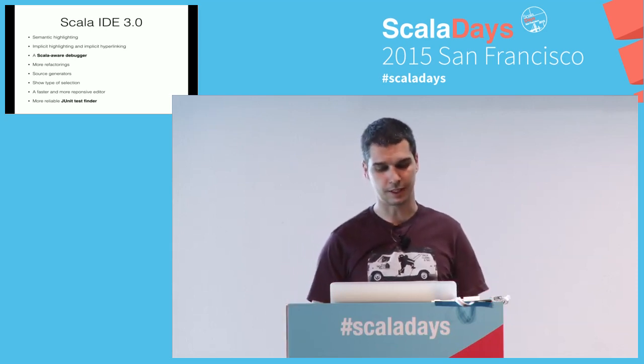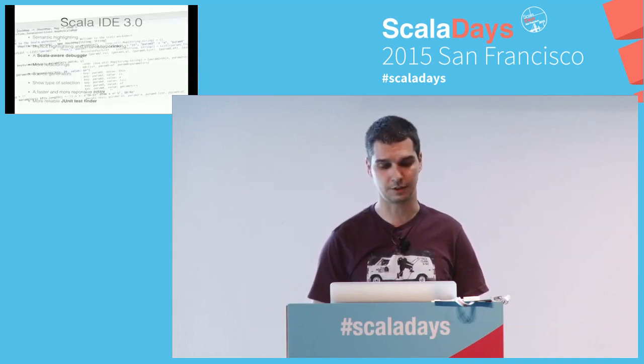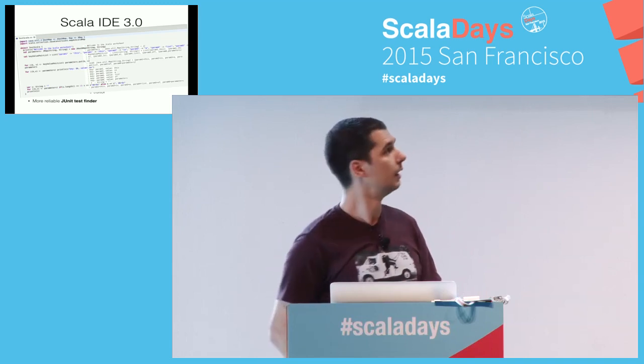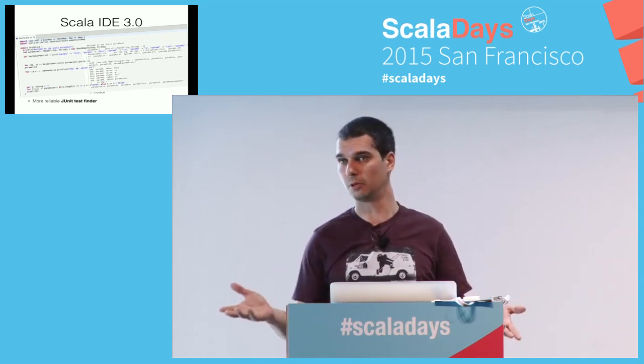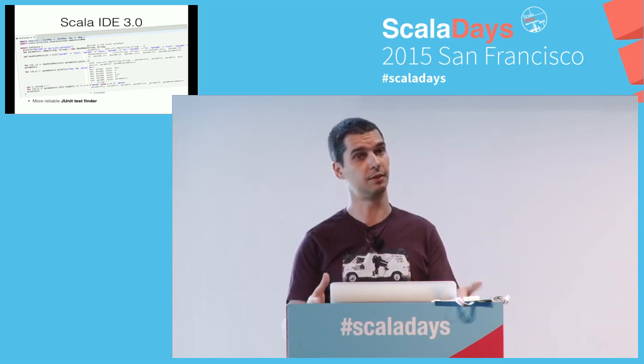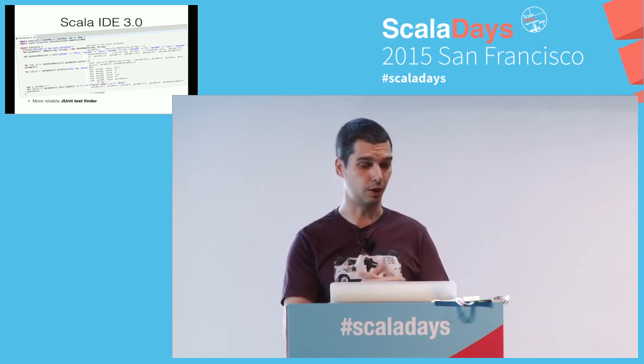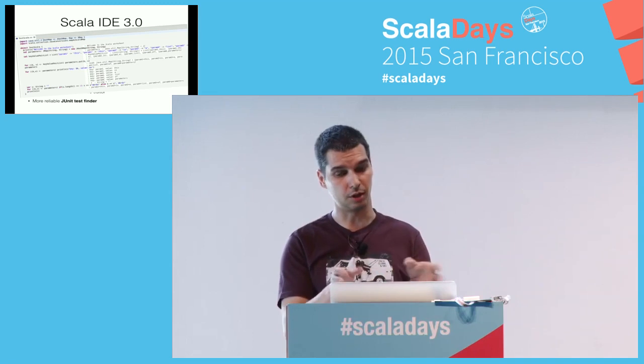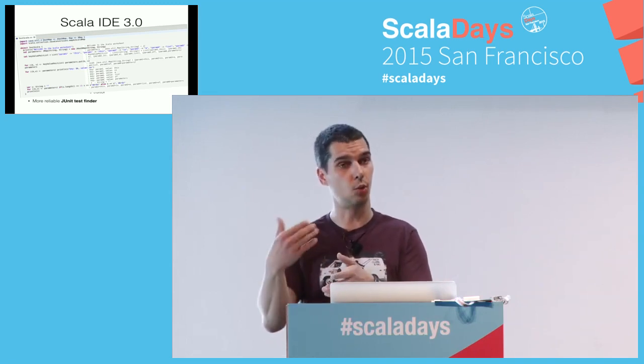Yeah, JUnit Test Finder was some work that we did for the IDE, but what was really, I think, the major feature in 3.0 was the Scala worksheet. So the Scala worksheet, I think probably most of us have used it, was the first plugin built on top of the core IDE. So this is not part of a monolithic IDE, it has its own release cycle.